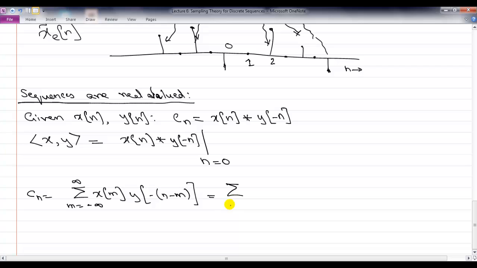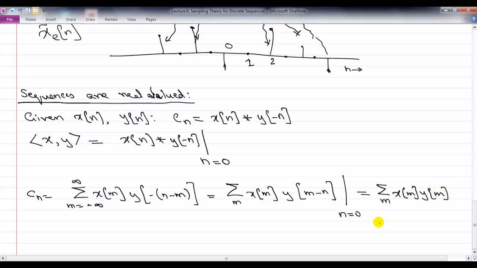That is simply equal to the sum over m of x[m] y[m-n]. And now if I sample this at n equal to 0, I get the sum of x[m] y[m], which is indeed the inner product between x and y.